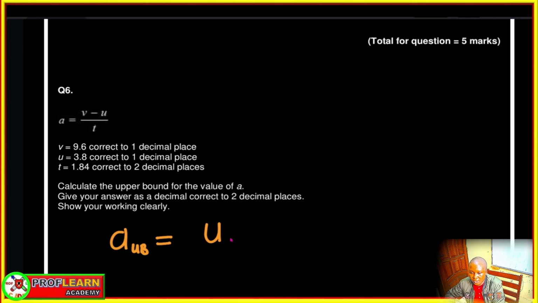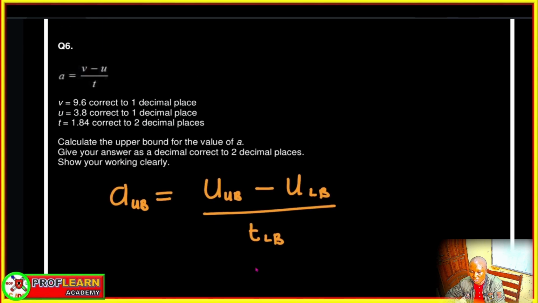For us to find the upper bound of a, we use v upper bound minus u lower bound over t lower bound, so that we can get the upper bound.